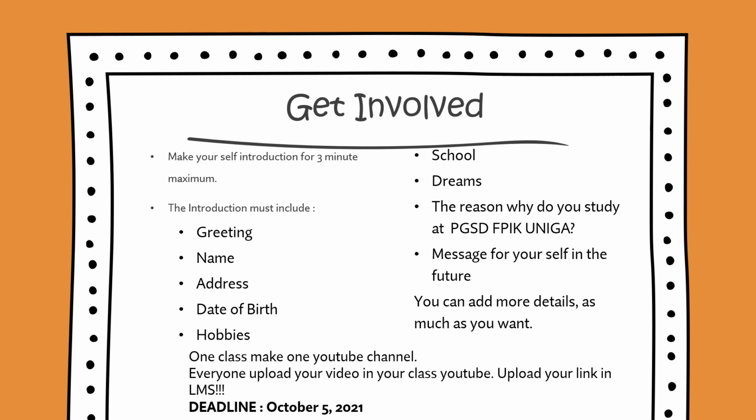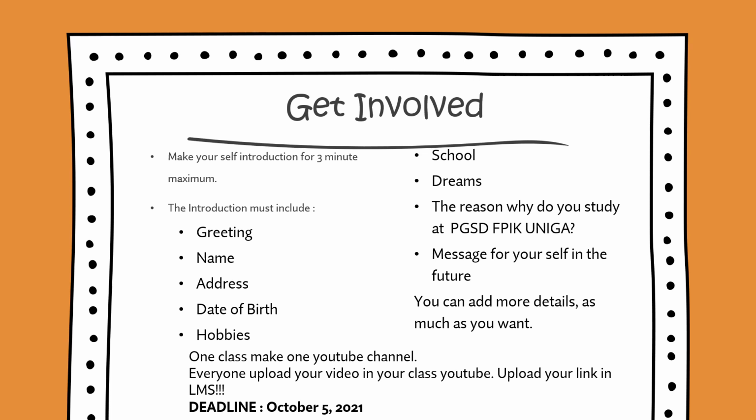All right, for today's meeting, we have introductions. Make your self-introduction for 3 minutes maximum, and the minimum is 1 minute. It includes greetings like Assalamualaikum, good morning, hi, hello. Then you say your name.